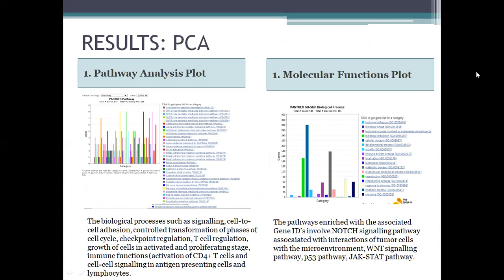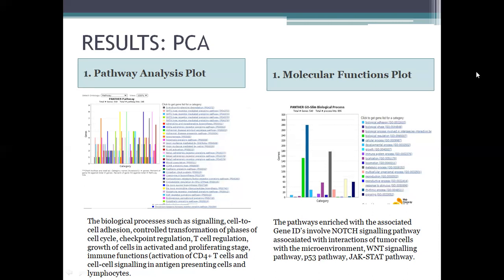Interestingly, lots of immune functions such as activation of the CD4 plus T cells and cell-to-cell signaling in antigen-presenting cells and lymphocytes were also observed. The pathways that were most commonly associated and most enriched within this subgroup also included the Notch pathway.